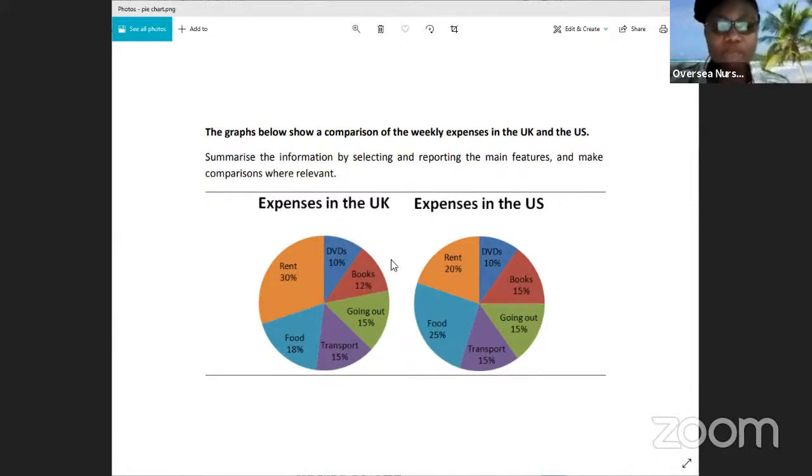All right, so if I choose to write about rent, about food, and then about DVD in my first overview paragraph, that is where I will state all of the values.